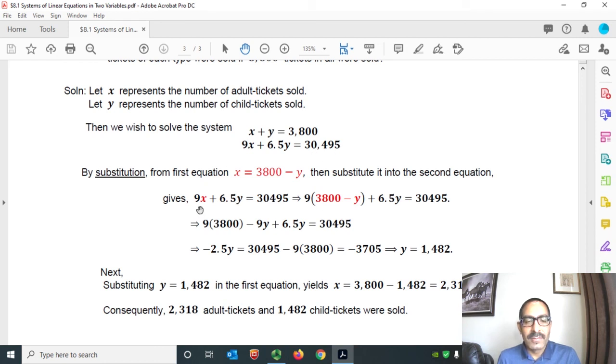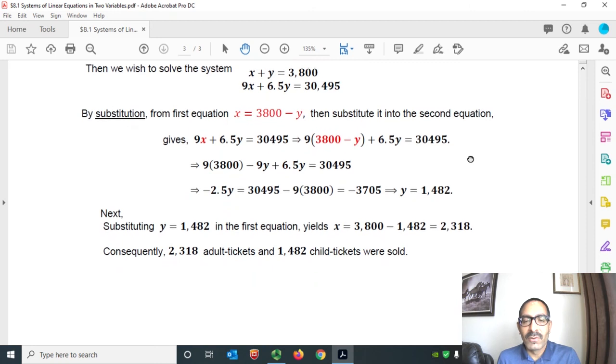Next step, 9 as it is, x equals 3,800 minus y, plus 6.5y equals 30,495. Now let's solve for y. Next, distribute the 9 inside, so 9 times 3,800 minus 9 times y plus 6.5y equals 30,495. Right side as it is.